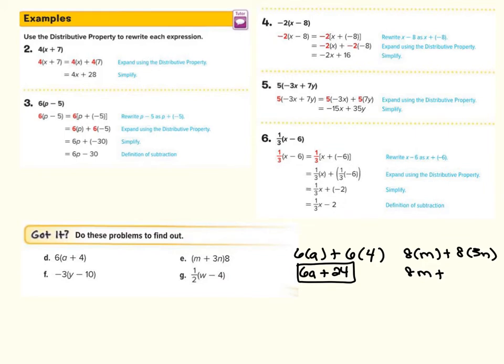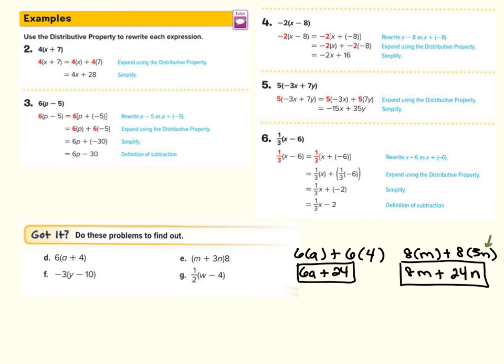Let's just pretend that we're adding 3 N's. If we were to add 3 N's 8 times, how many would we have? We would have 24 N's. You cannot combine 8M and 24N because they're separate variables. So this is our answer.